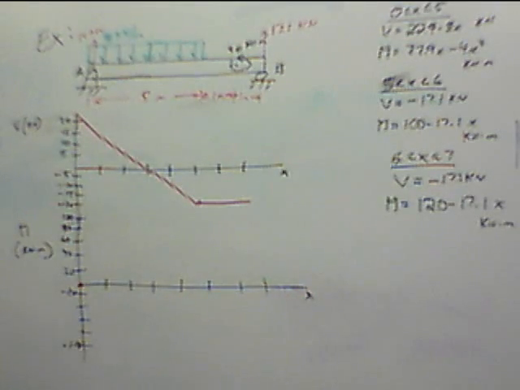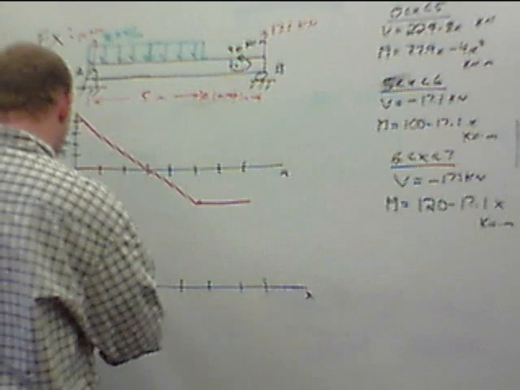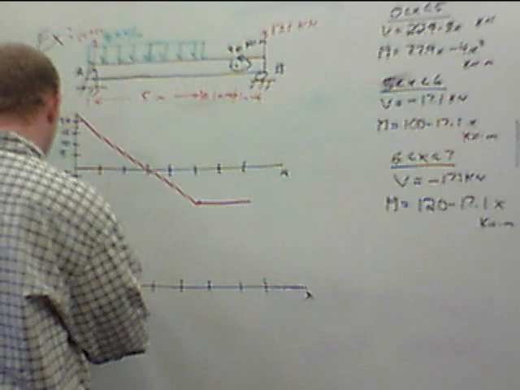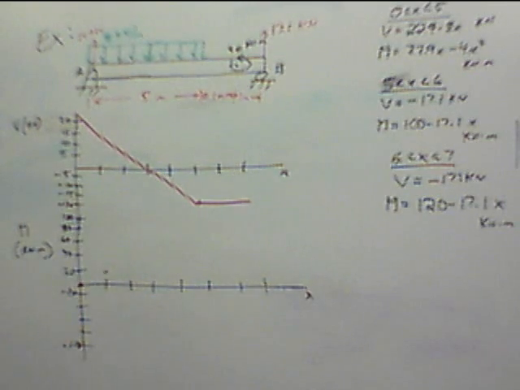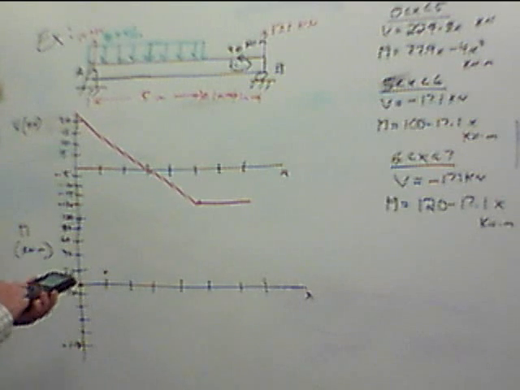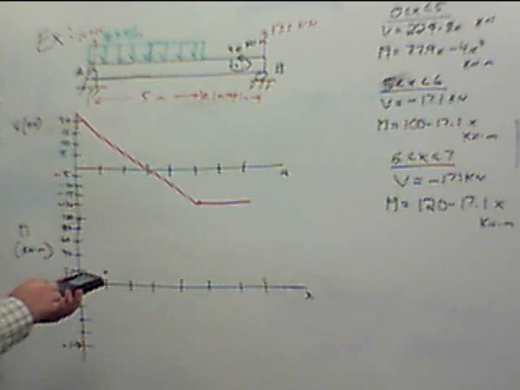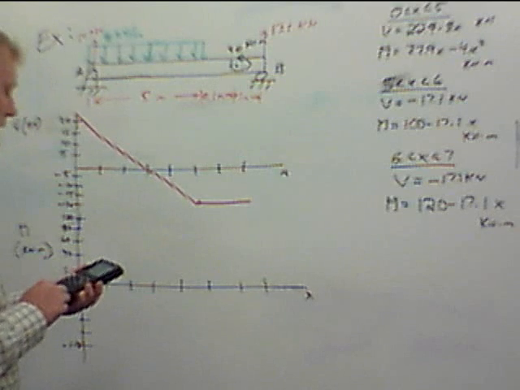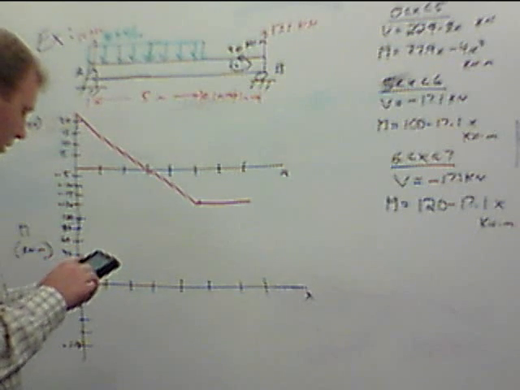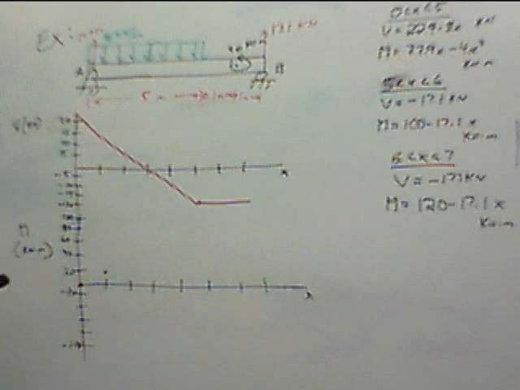All right, at 1, we have 22.9 minus 4 is 18.9. So that's right about here. At 2, we have 45.8 minus 16 is 29.8.